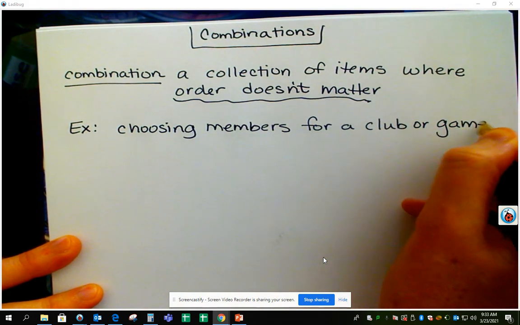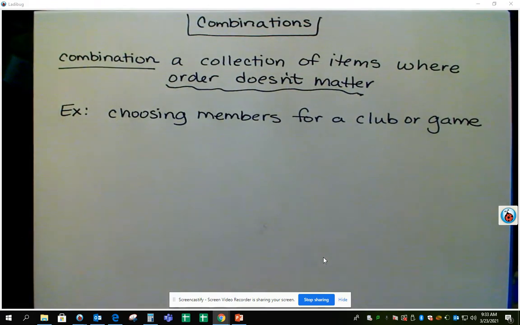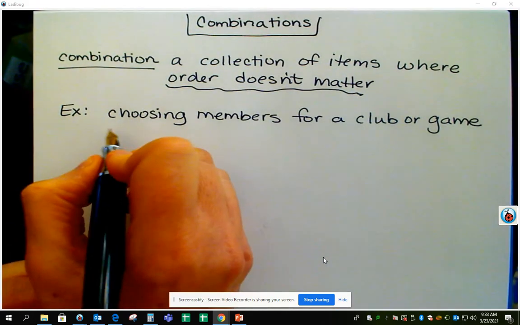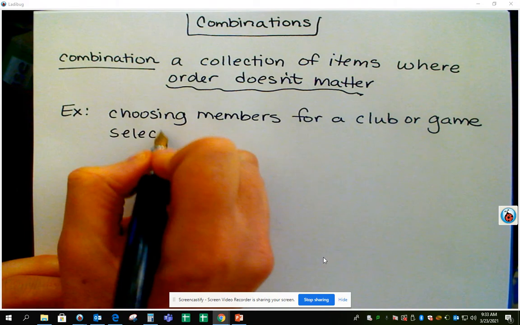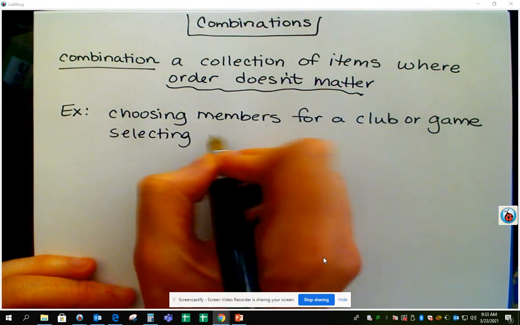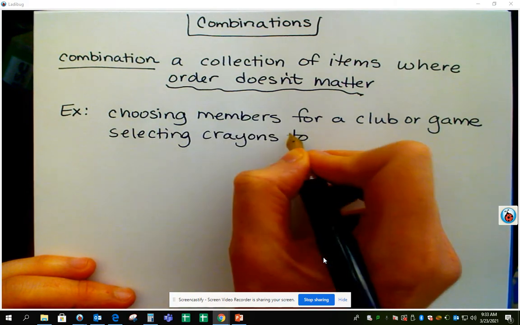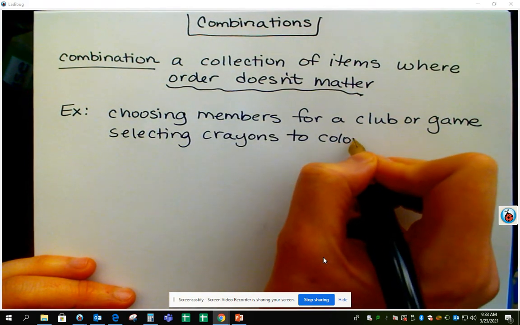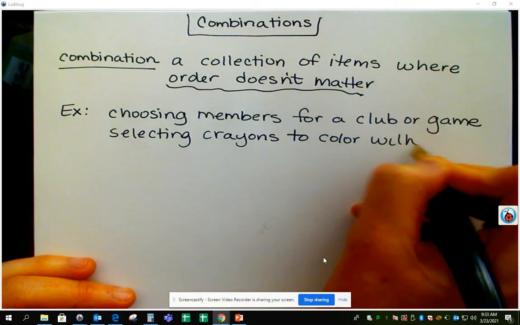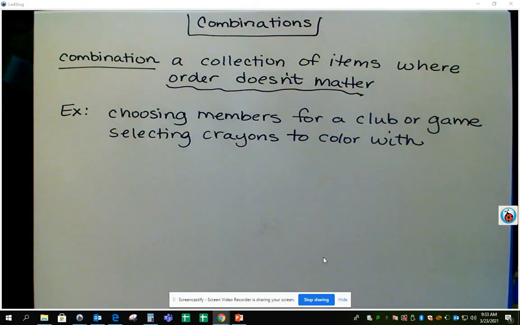Doesn't matter which order you choose them in, it's just a collection of them. Or selecting crayons to color with. You can have a combination of colors, but the order doesn't matter.